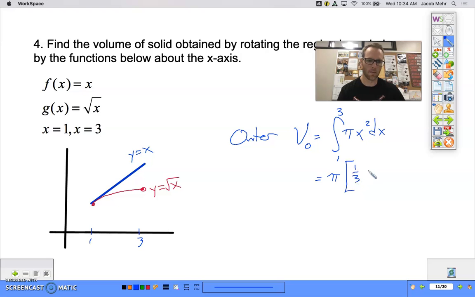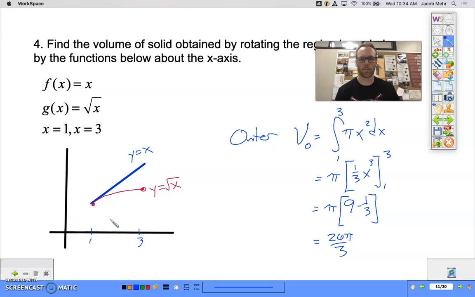I'm going to take the antiderivative, which is 1/3 x cubed from 1 to 3. This is going to be pi times 3 cubed is 27. 1/3 of that is 9. 9 minus 1/3. 9 is 27/3, right? So subtract, that's 26 pi over 3 is the volume of the outside.